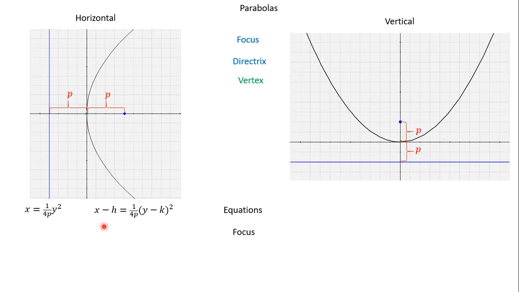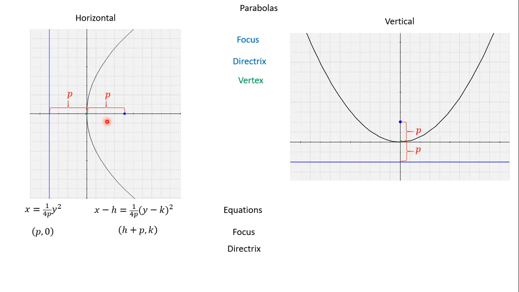Equations for other stuff, the focus. The focus is going to be at the vertex, and we're going to go p units horizontally to the right. So if the vertex is 0, 0 and we go p units to the right, we're now at the point p, 0. If the vertex is at h comma k and we go p units to the right, it's h plus p comma k.